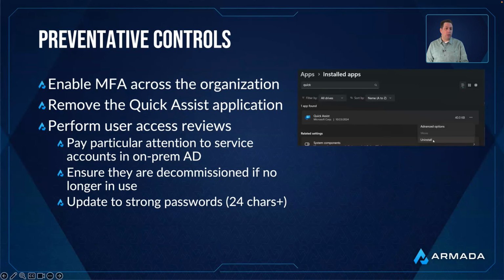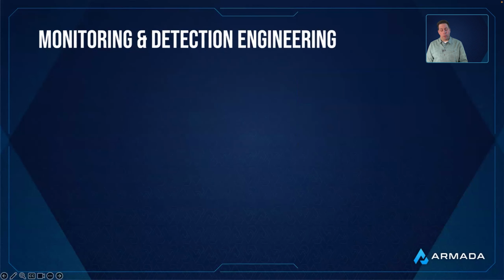As far as monitoring goes, Nick and I were talking a little bit there, and I forget exactly what Nick said, but he said something to the effect of, EDR should have been able to pick up when those files hit disk, right?